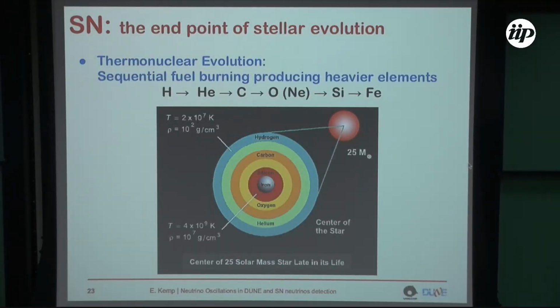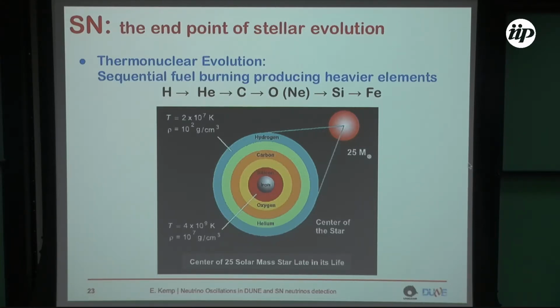And so this is what we believe happens inside a massive star. There is a sequential fuel burning, and in the main sequence of the evolution of stars, that lies in the main sequence of the Hertzsprung-Russell diagram, you successively form heavier and heavier elements inside the core.